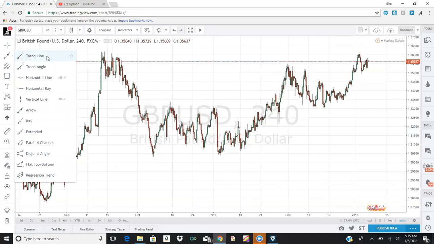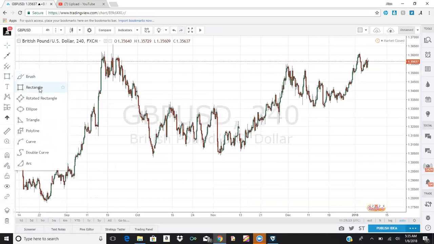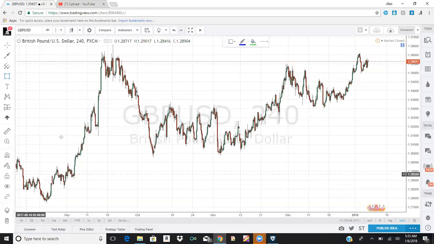You have your trend lines, your horizontal lines. These are really the only two tools that I recommend really understanding. And then you also have your channels. This is broken down, what channels are, what zones are. And then you also have this, which I use every once in a while to mark up support and resistance.